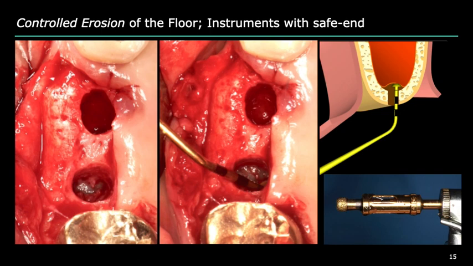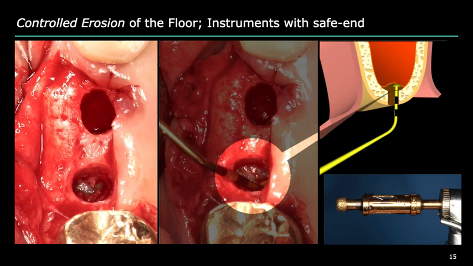There must be some pressure giving back to your hands when you exert some pressure with this kind of probe-like instrument to the sinus membrane. So you can check the sinus membrane integrity with this instrument, and you can also push up that membrane with this probe-like instrument with a safe hand.